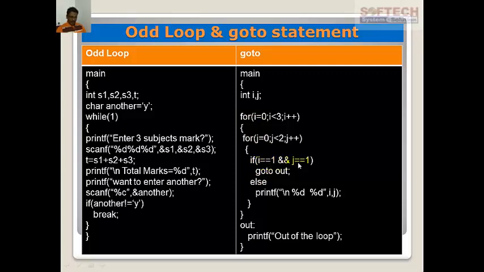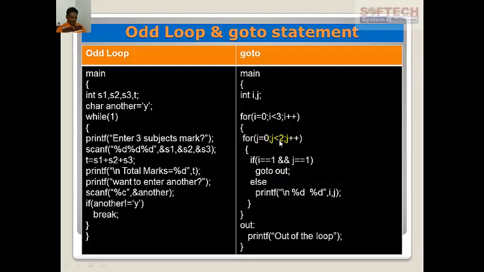In logical and, if any one is false, the result is false. So the else portion is executed. It displays 0 0. Then it continues the inner loop.